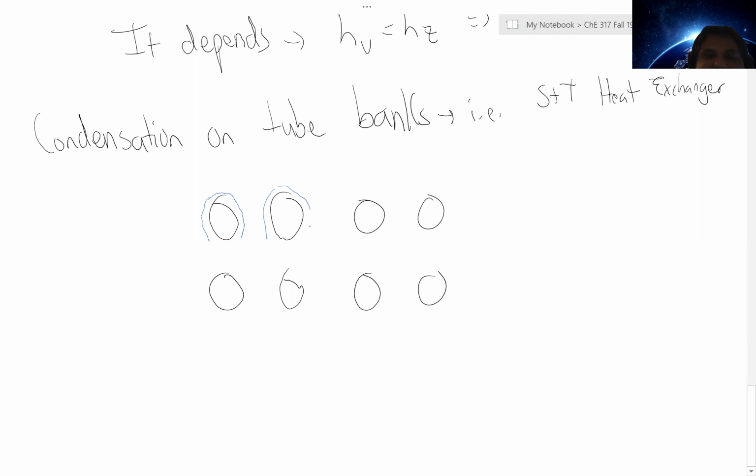And what we find is that the tubes on the top of our shell and tube heat exchanger are going to influence the film thickness and condensation rate of tubes underneath it. Right, we kind of have this waterfall effect.